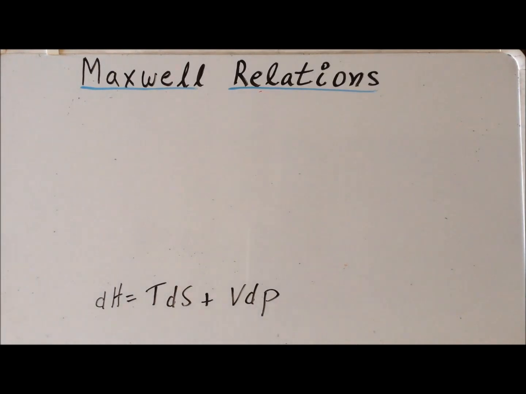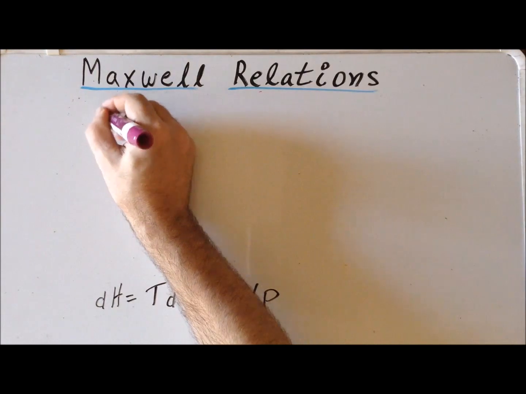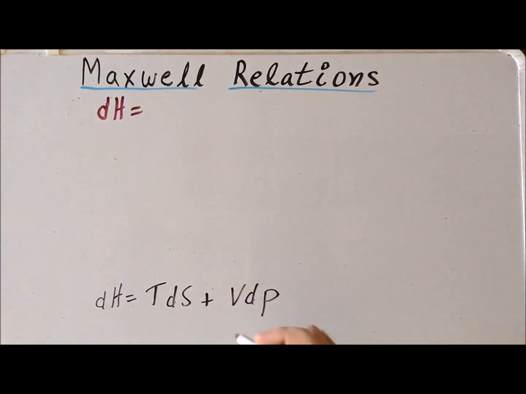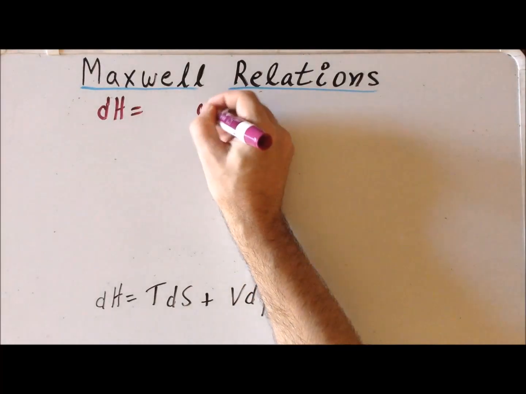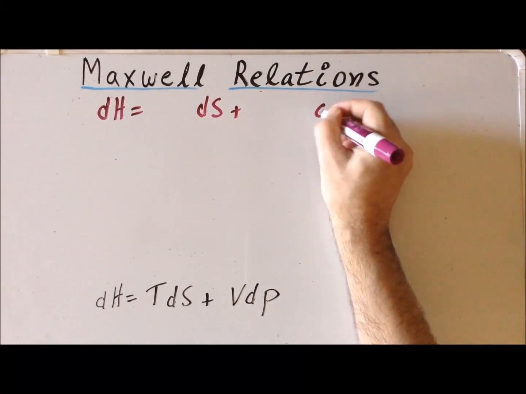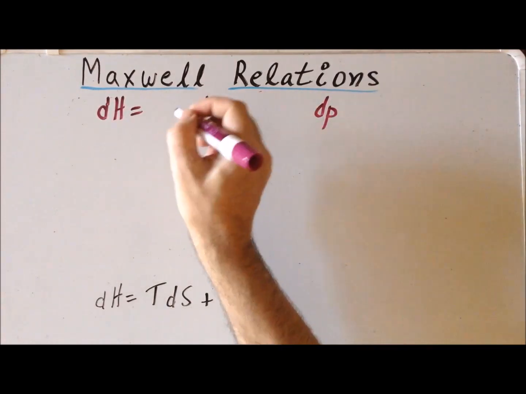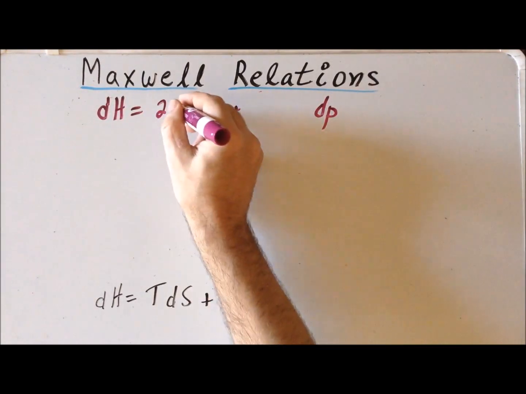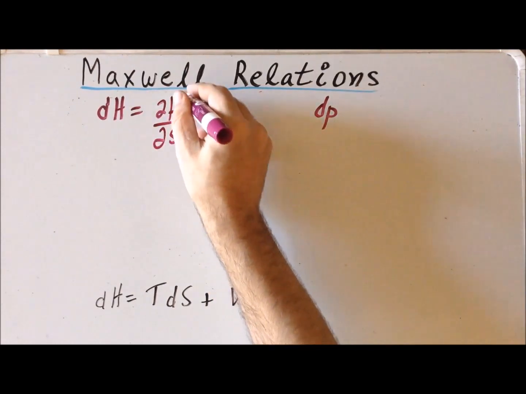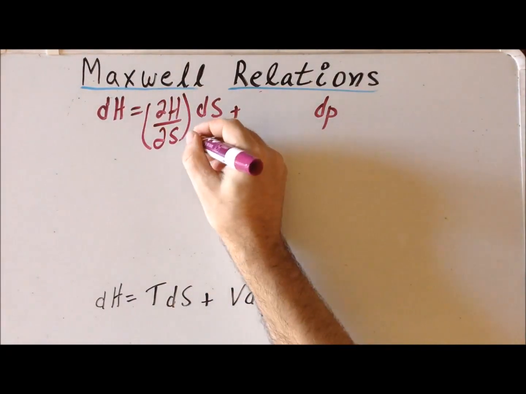Now we can use the fact that the enthalpy is a state function, so that allows us to write something which we know is an exact differential in terms of the variables S and P. And we know that the coefficient here has to be the change in H as a function of the entropy S at constant pressure.